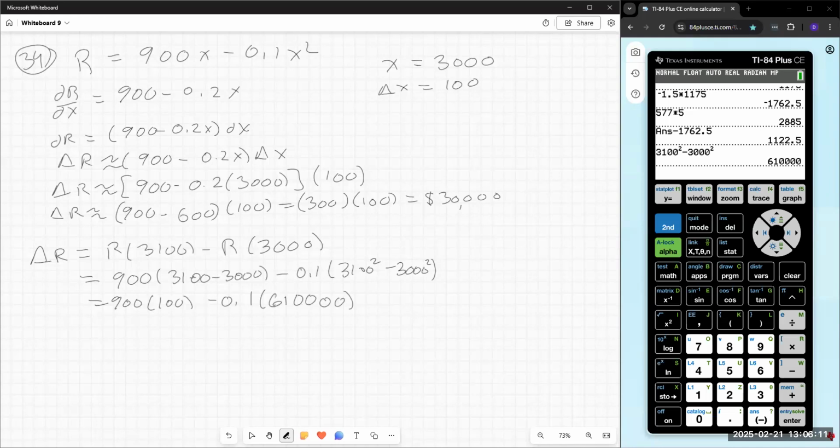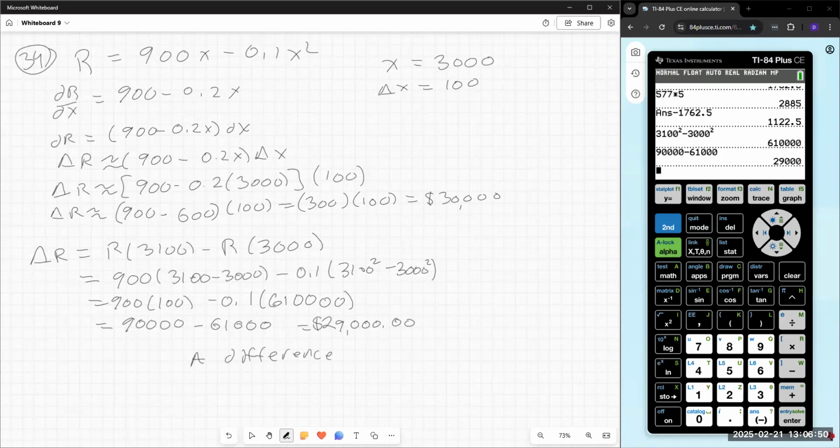So when I take 1/10 of that, this is 90,000 minus 6,100,000... so exactly $29,000. So there's a difference of $1,000.